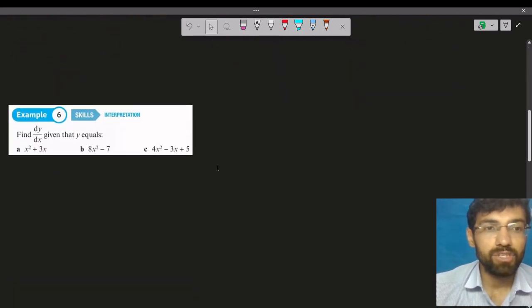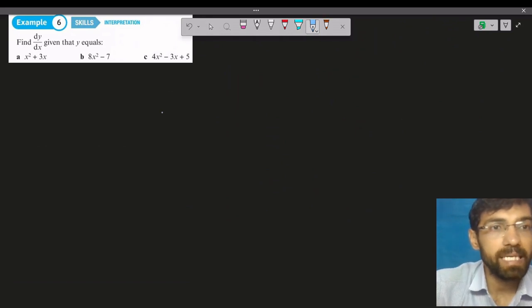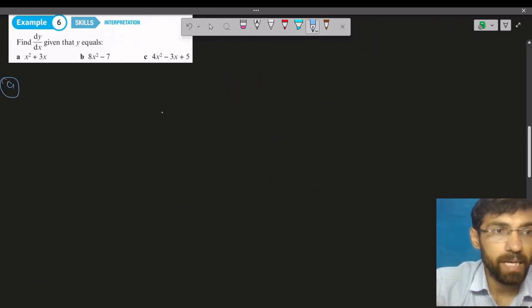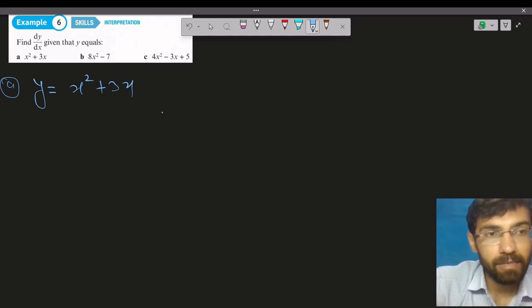Let us see some questions based on this. First, find dy by dx when y equals, part A, x square plus 3x. What we learned, let us differentiate both the sides. Differentiation of y is nothing but dy by dx.